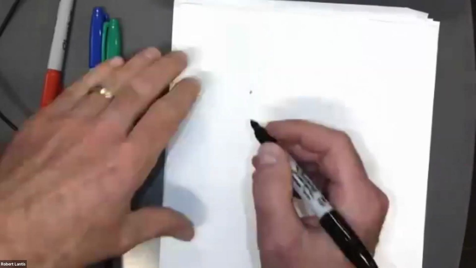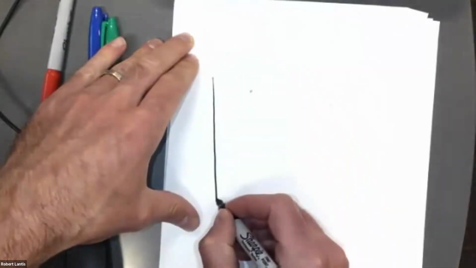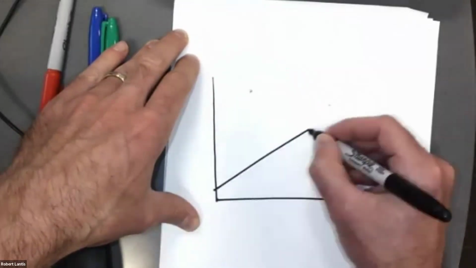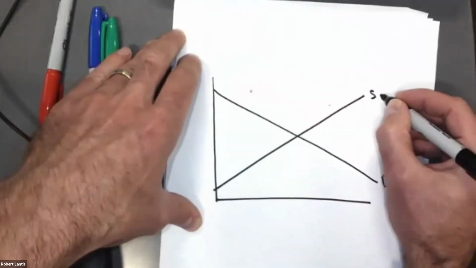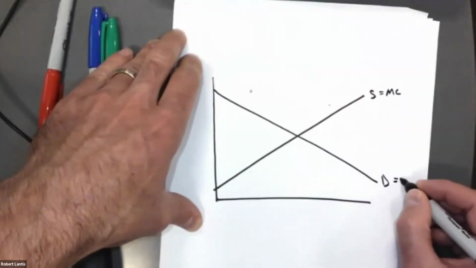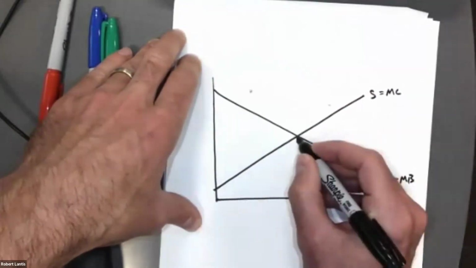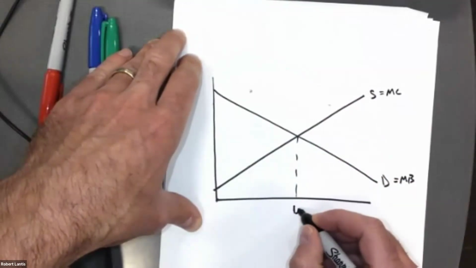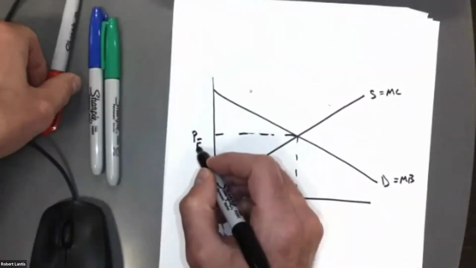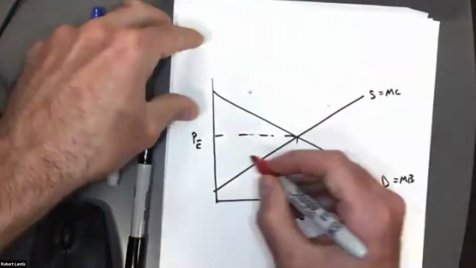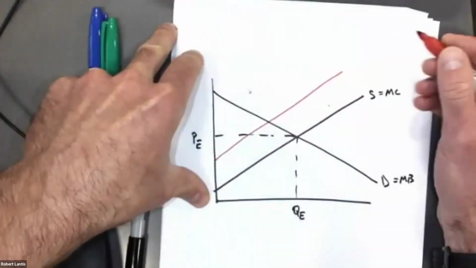So let's think about why. When we had a negative externality, if I think about this as the marginal costs and marginal benefits, here was where our initial equilibrium would be in the market. We said with a negative externality, that's an additional cost.